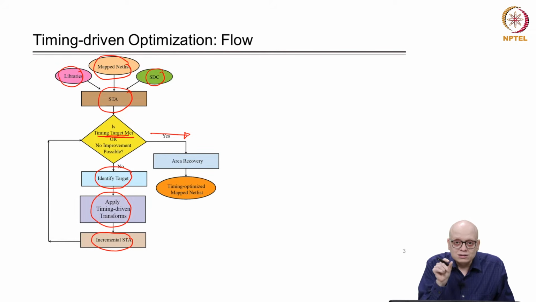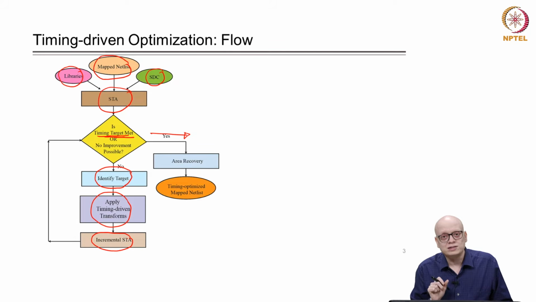Rather, we want the timing analysis to be done only in the region where the timing optimization was done and where the delay, the arrival time and the slacks are changing. To do that, we perform what is known as incremental static timing analysis. It will not perform static timing analysis in the complete design, but in a small portion or logic cone of our design where the transformation has impacted the timing.